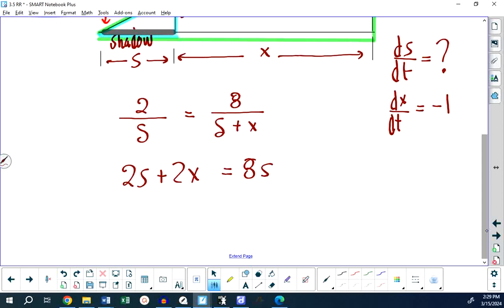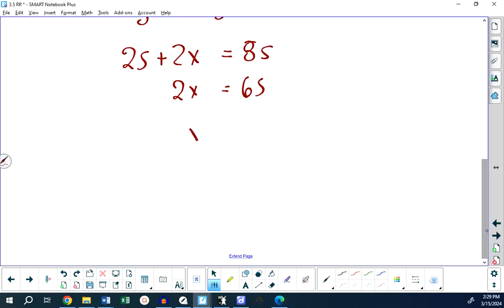Oh, I can subtract 2s from both sides and get 2x equals 6s. I don't have to, but I could divide both sides by 2 to make things even simpler. And I get x equals 3s. Man, it's a linear relationship. It's not even quadratic. Never mind more complicated.